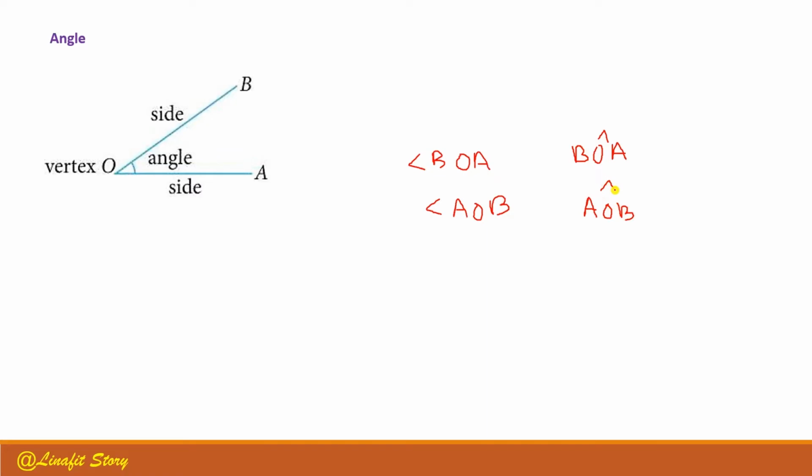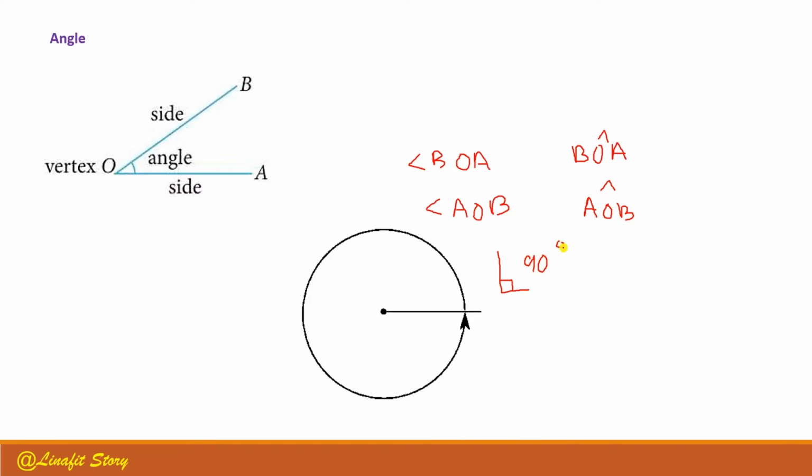The standard unit for measuring angles is degrees. For example, this is the right angle, so this is 90 degrees. One complete revolution about a point is equal to 360 degrees.